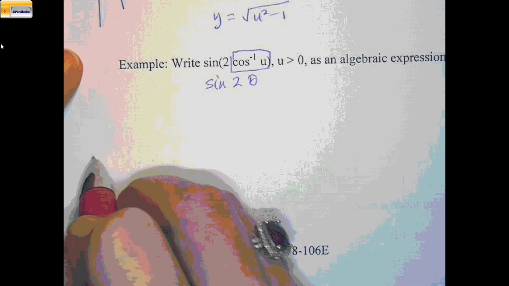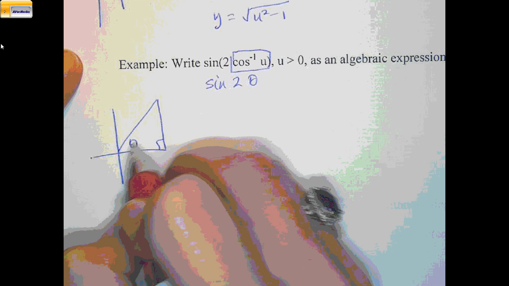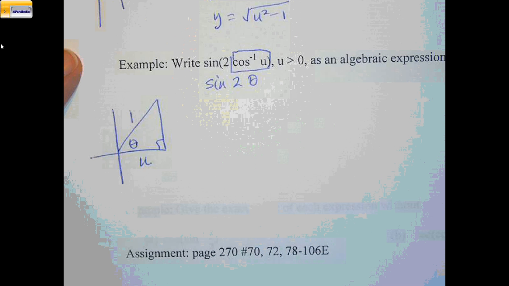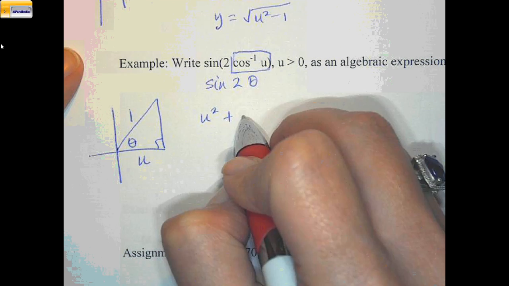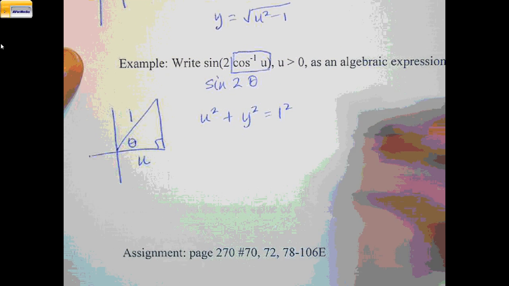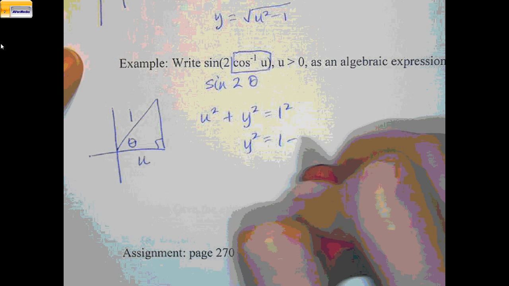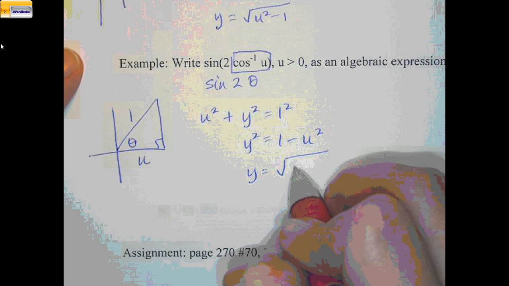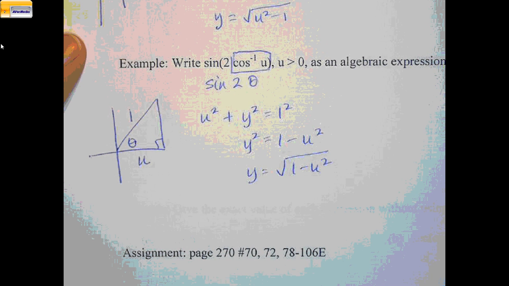Cosine is first and second quadrant. Positive would be first quadrant. If cosine is u, cosine is adjacent over hypotenuse. Pythagorean theorem. U squared plus y squared equals 1 squared. Solve for y, so we subtract u squared from both sides. Square root both sides. And it is that yucky thing.